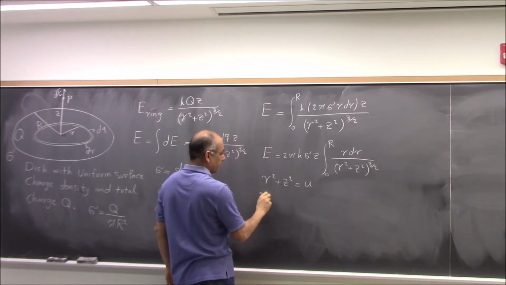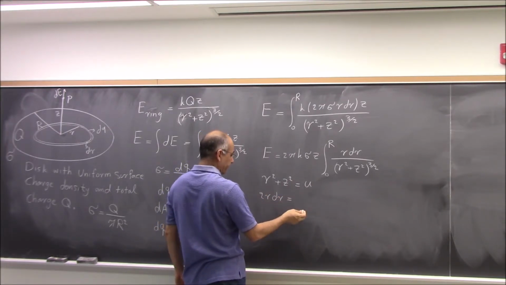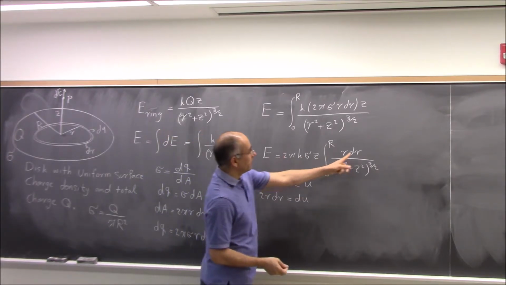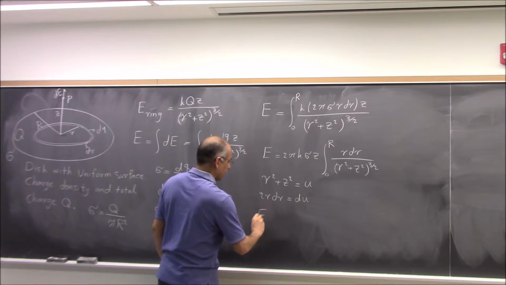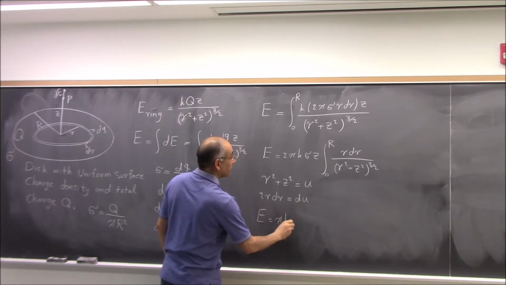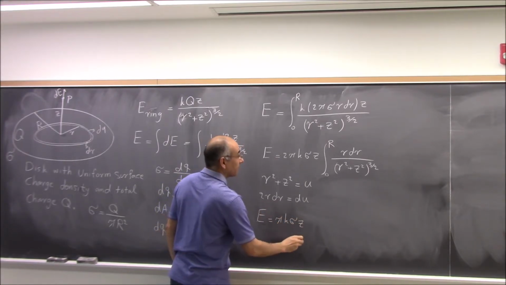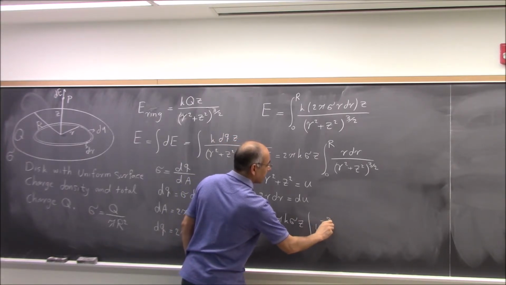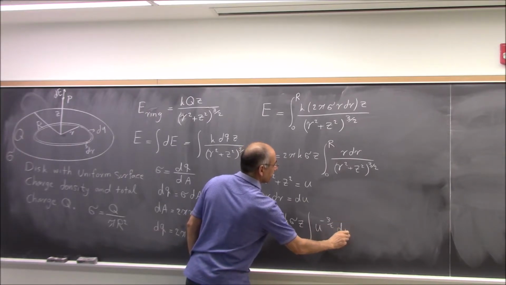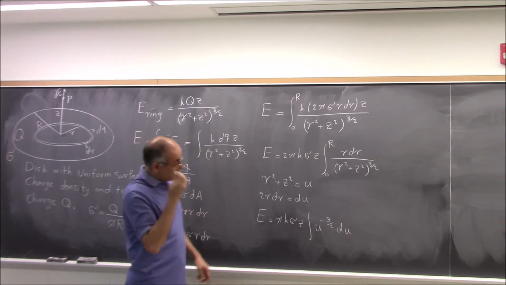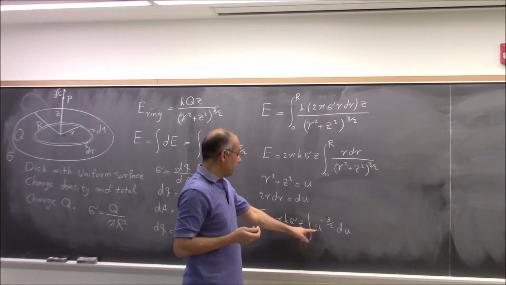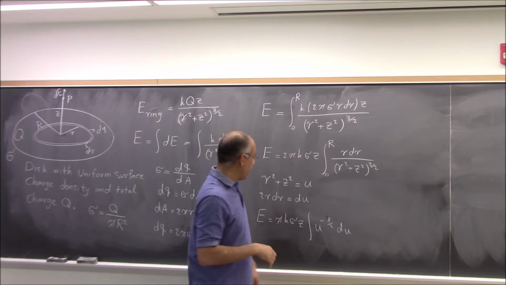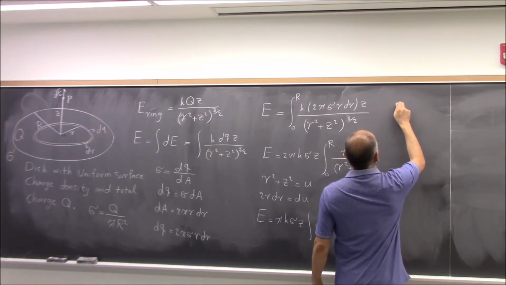Then 2r dr becomes du, and then E becomes pi k sigma z times the integral of u to the negative 3/2 du. So the integral of this becomes u to the power negative 1/2 divided by negative 1/2.